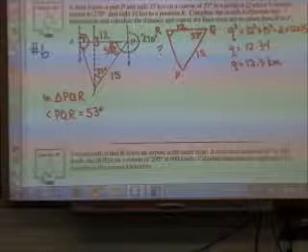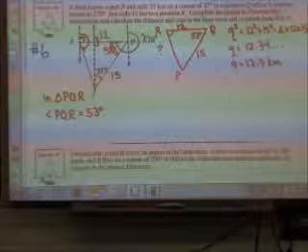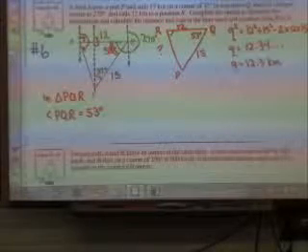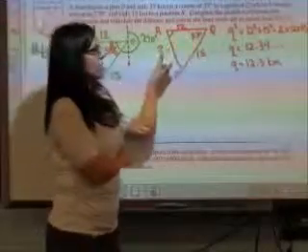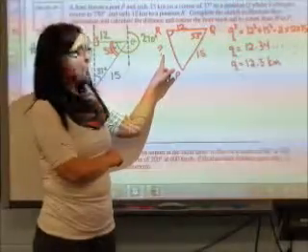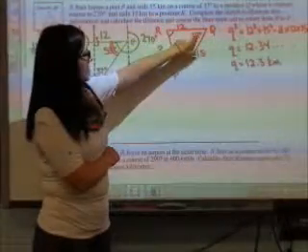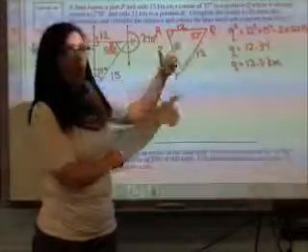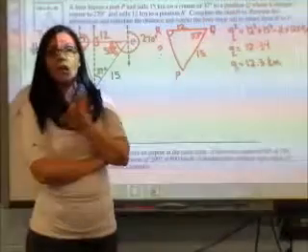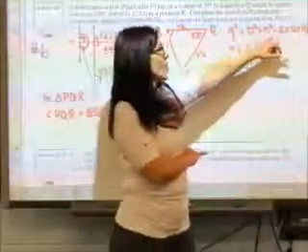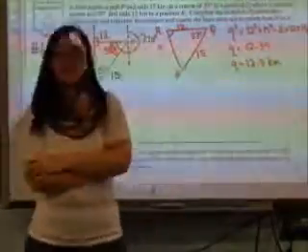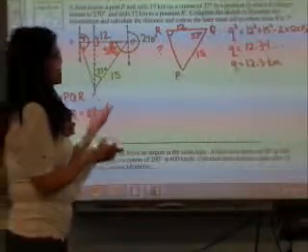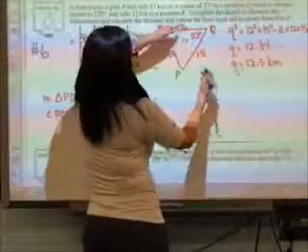Could I use the sine law? Do I know what side Q is now? Yep. So I could use the sine law, or I could even use the cosine law. I could use the form of the cosine law where I isolate the cos. So it doesn't matter which one I use. Let's say I decide to use the sine law.